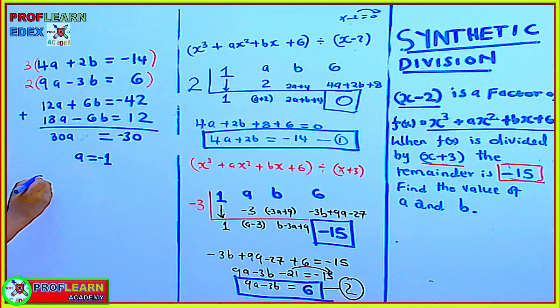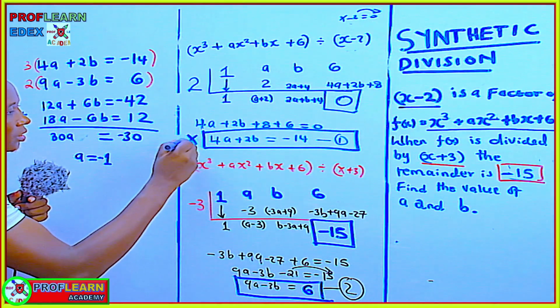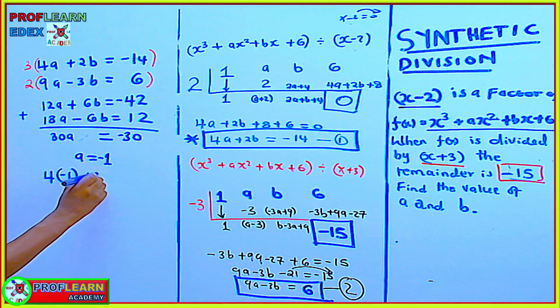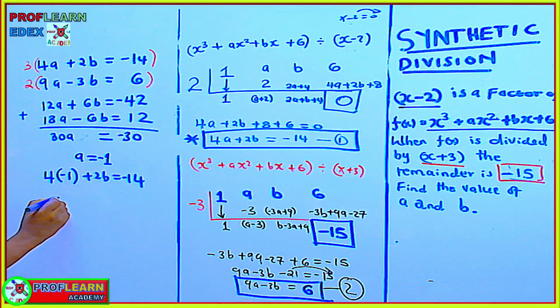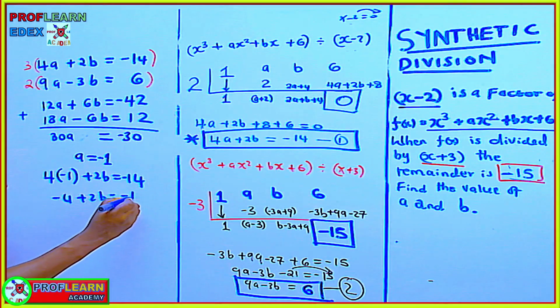But if we want to find our b, we can use any of the equations. Maybe we can decide and use this equation and say that this is going to be 4 into -1 plus 2b must give us -14, which is going to be -4 plus 2b equals to -14.